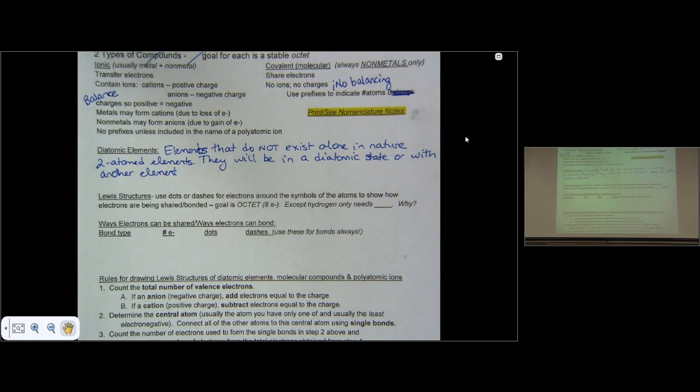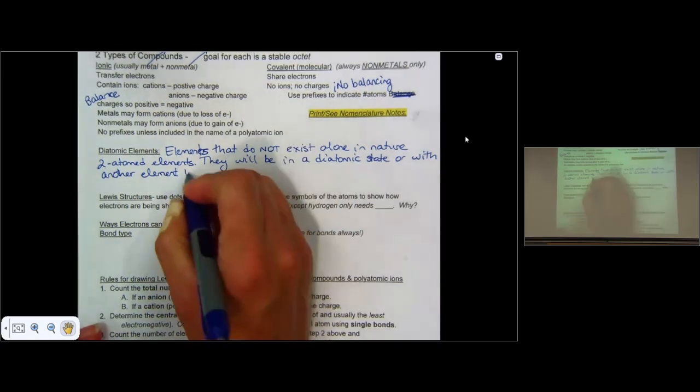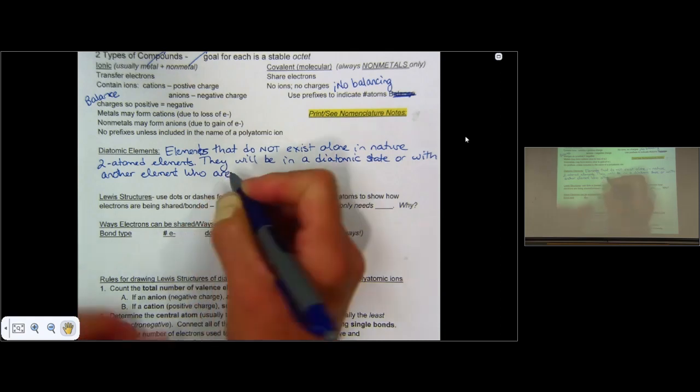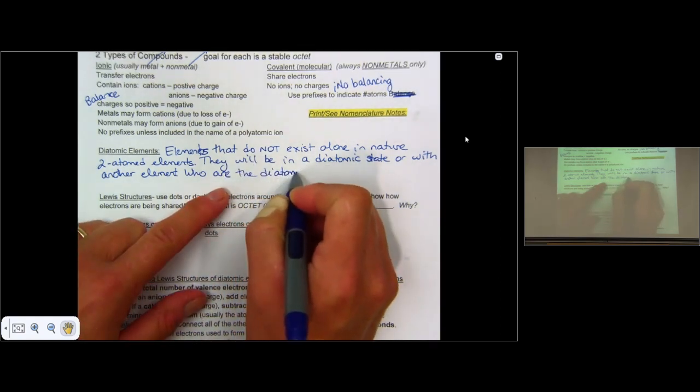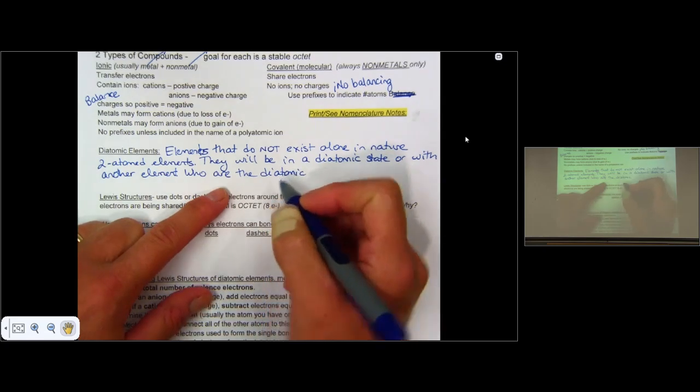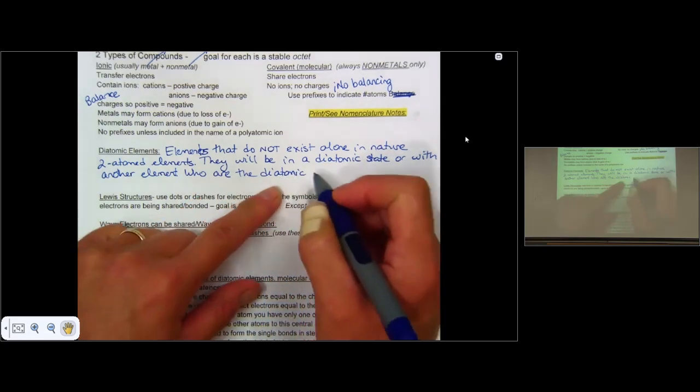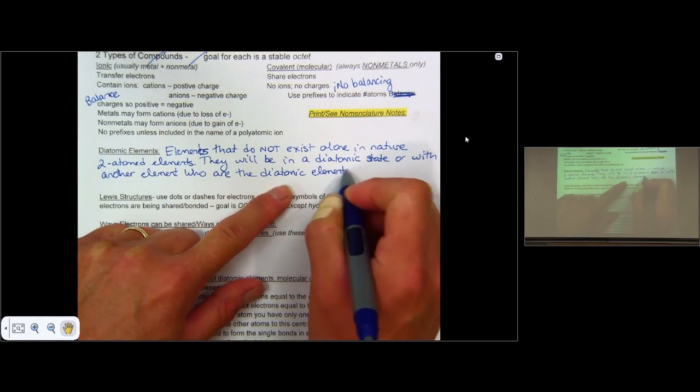Who are they? Who are the diatomic elements? Anybody know? Iodine is one of them. Good. Who said that? Good for you. Who are the diatomic elements?